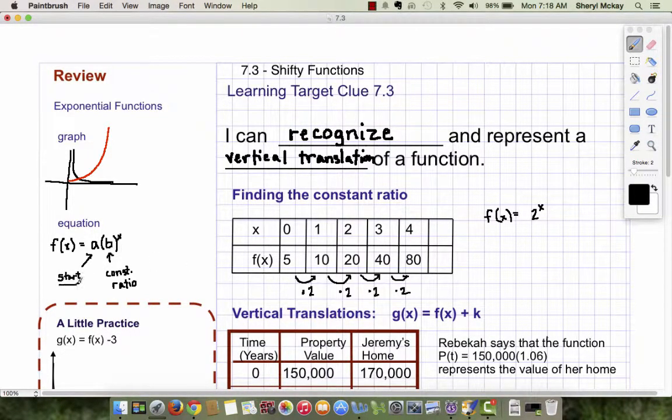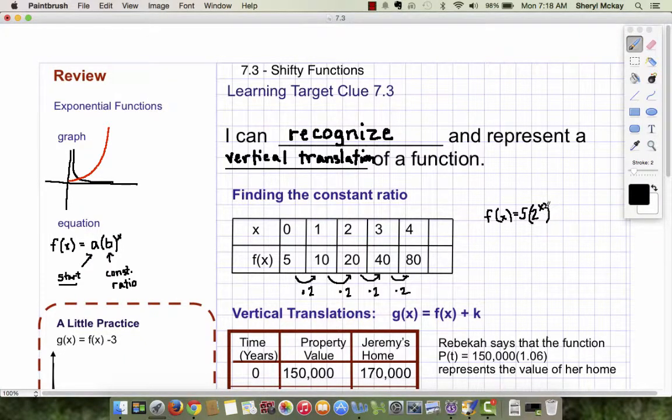I need an a to go in front of this 2 to the x power. Well, you're right, it's 5. So we start with 5, because when x is 0, 2 to the 0 power is 1. 5 times 1 is 5.